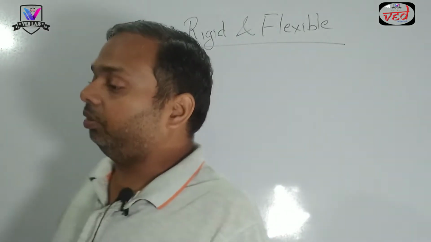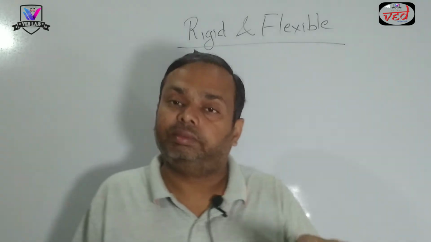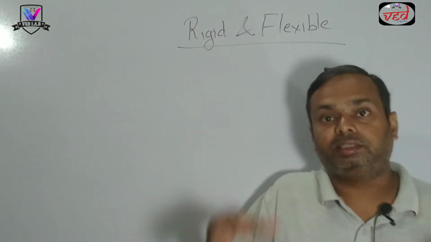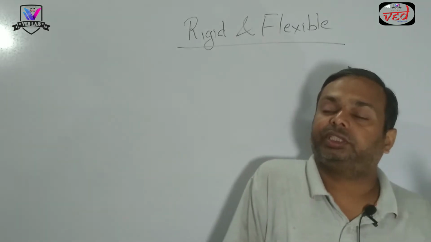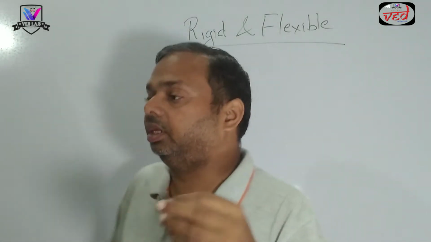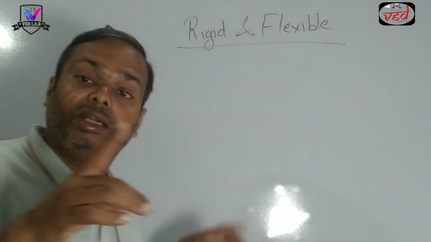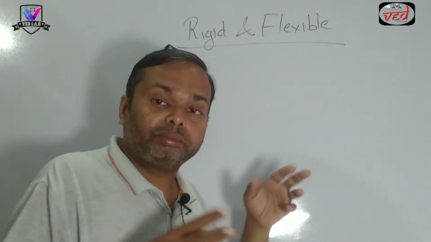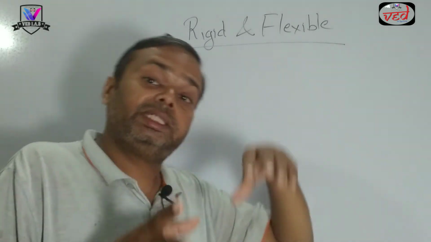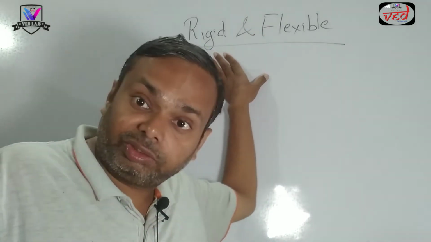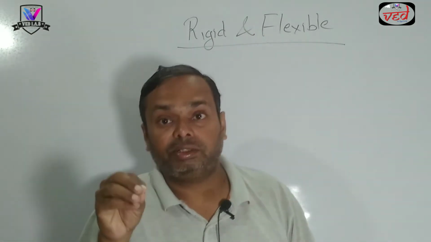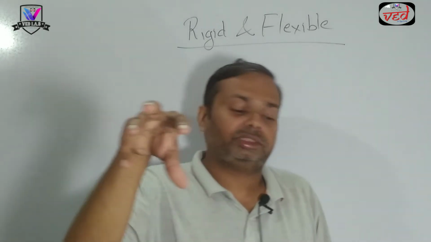On the basis of that amendment, we can say that this constitution is rigid or this constitution is flexible. That's why, on the basis of amendment only, we say that our Indian constitution is a rigid constitution and also a flexible constitution.